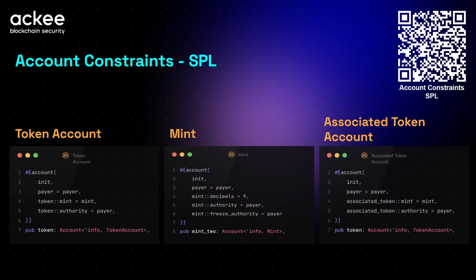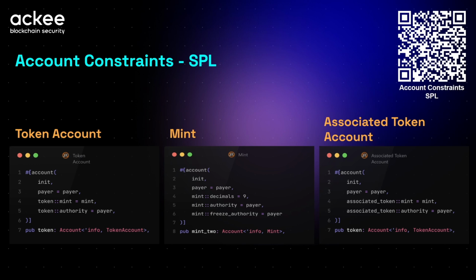Then for mint, basically this is the same, but as you know, the mint has different fields within its account than the token account has. So you can see that there is, for example, the decimals set to 9, which is like the most common number, I would say, on Solana.